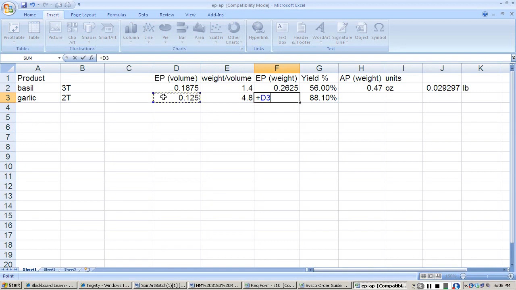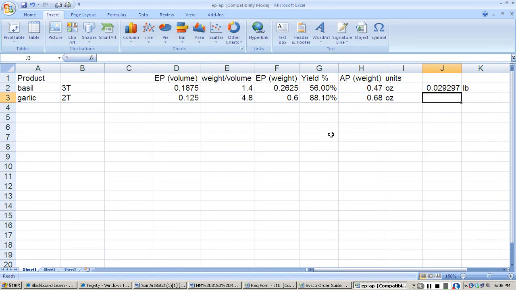Multiply its volume times the weight per volume, 0.6 ounces. We take the EP divided by the yield percentage to get AP. That's in ounces, and we take that divided by 16 ounces per pound to get that in pounds. So 0.043 pounds of garlic.